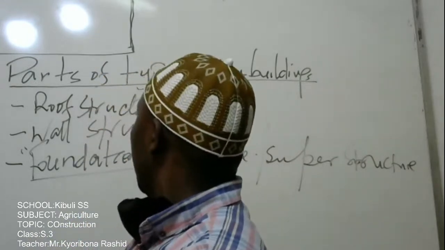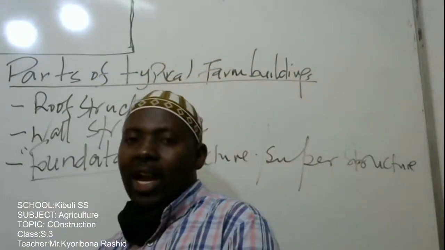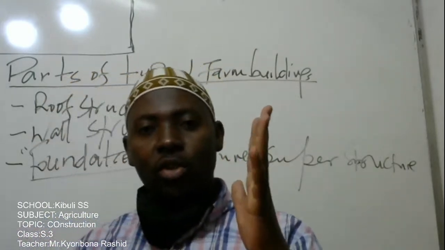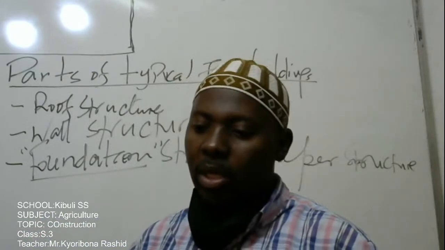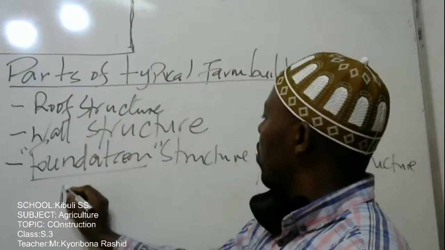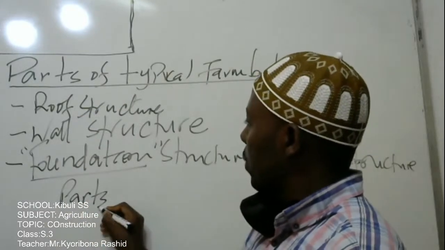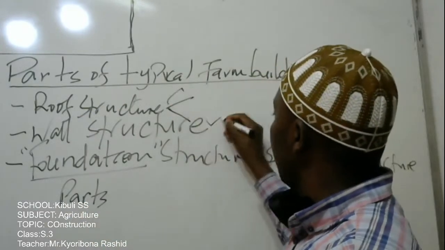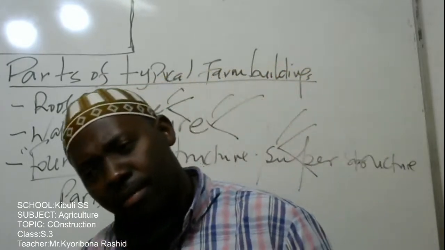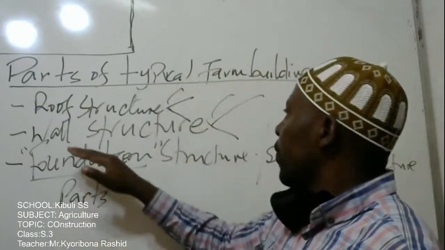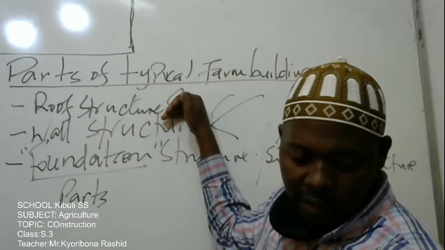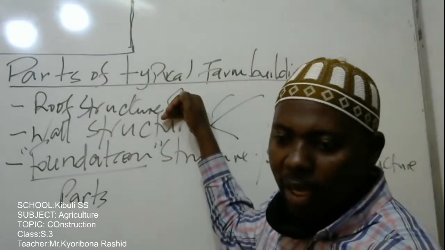Now, each of these structures has its features. Therefore, we must know the features of each of them. Features could be to do with the parts. Each of them has different parts. For example, look at the roof. In the notes that I've posted, look at the parts of the roof.